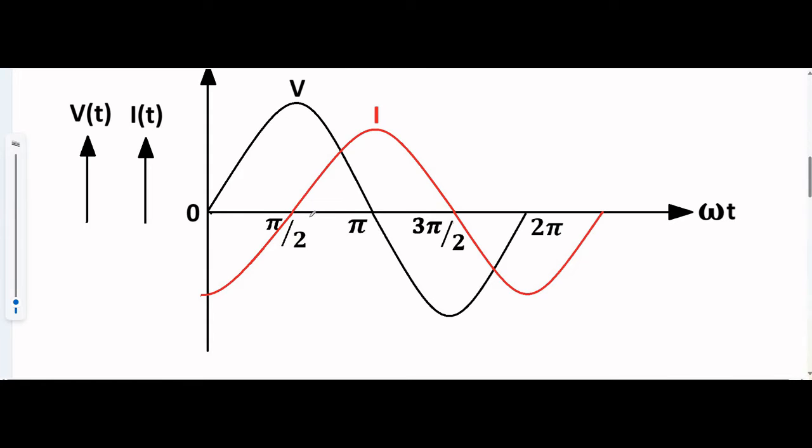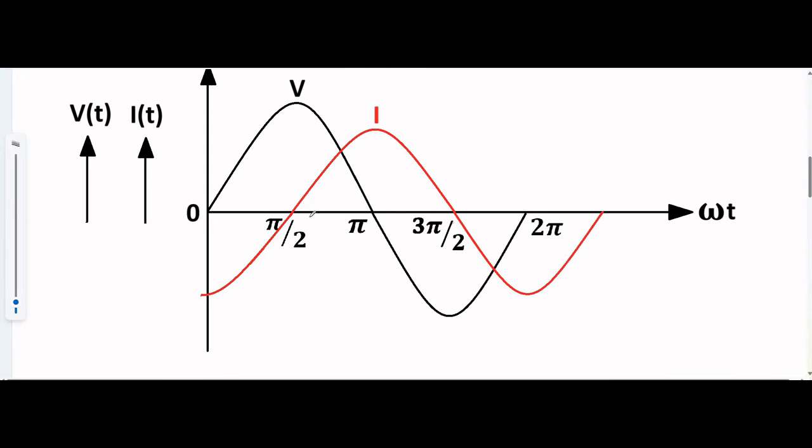It starts from the 0 point and then completes one full cycle. The starting 0 point of the current waveform in red is at pi by 2.